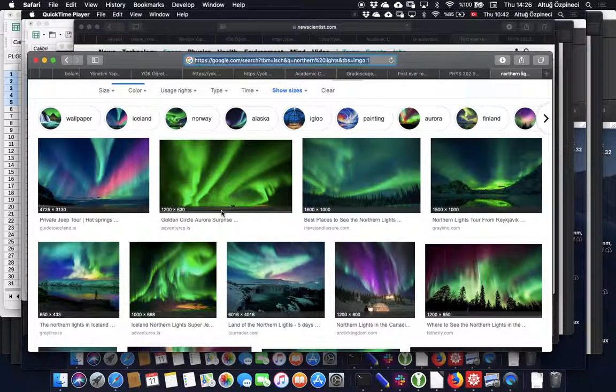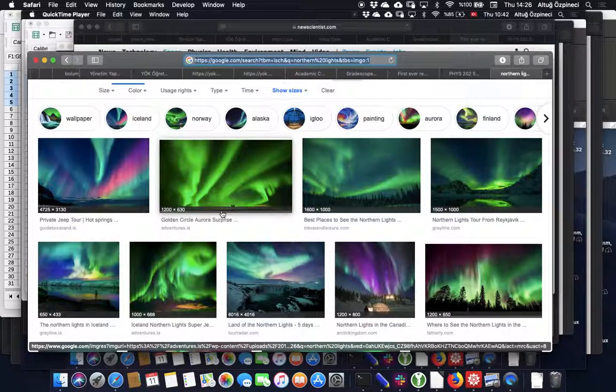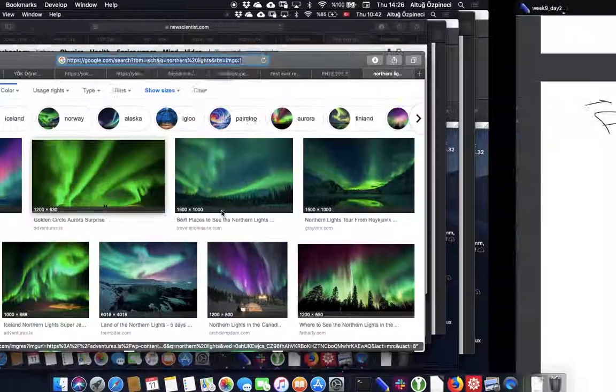Well, these are the Northern Lights. Did any one of you see them? Any lucky one? I also have that attitude. I haven't seen them yet. So do you know how they are formed? How?